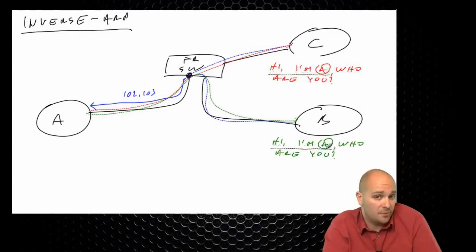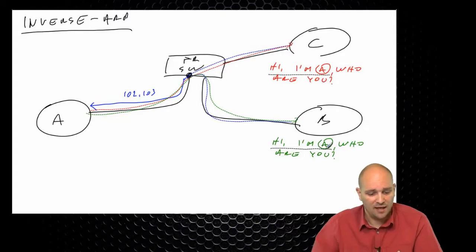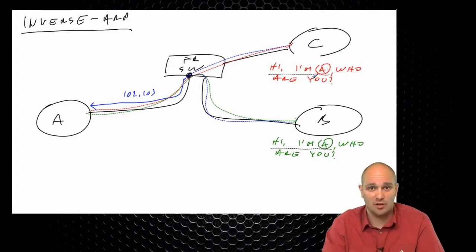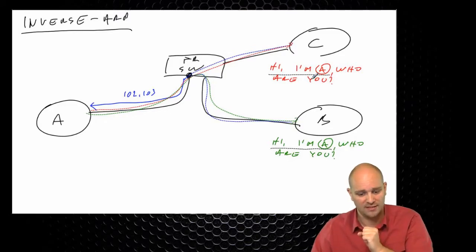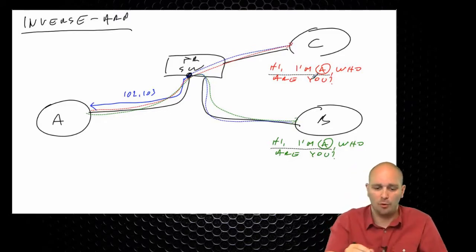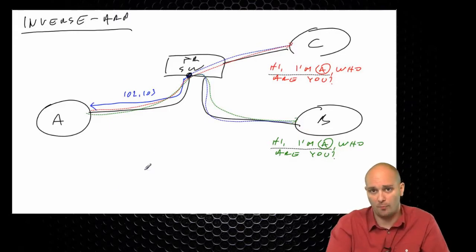Inverse ARP is a very polite protocol. It is always going to introduce itself. Now, this hi, I'm A is actually a message: hello, this is my IP address. What is your IP address? Now, being a polite protocol, you are always going to get a response from inverse ARP.